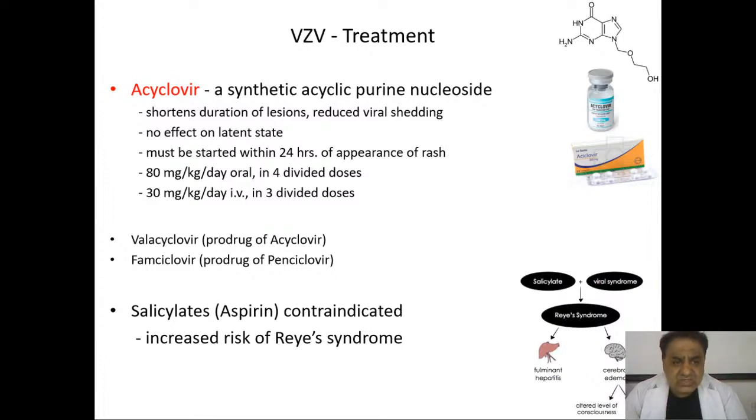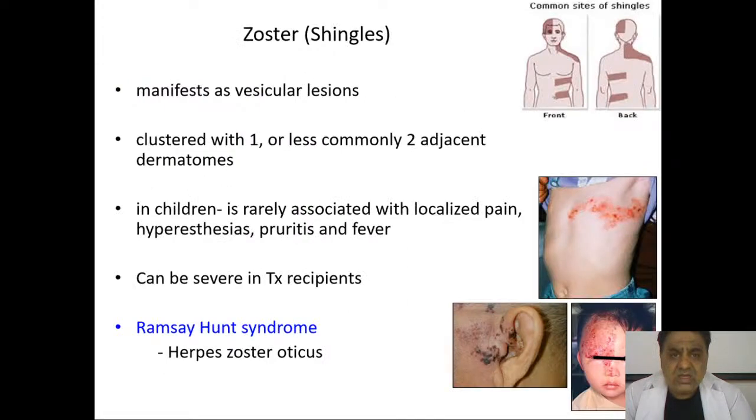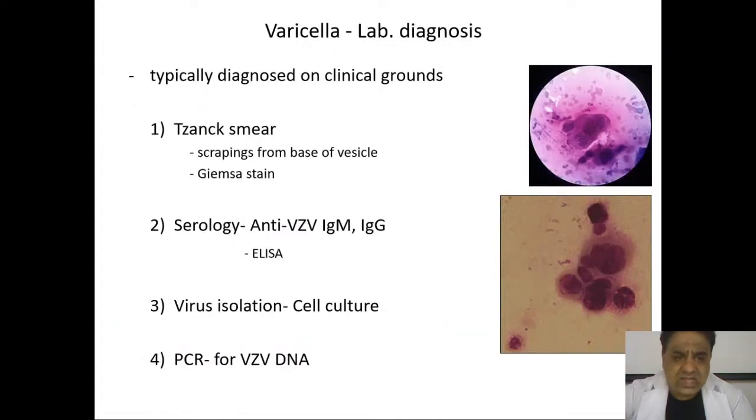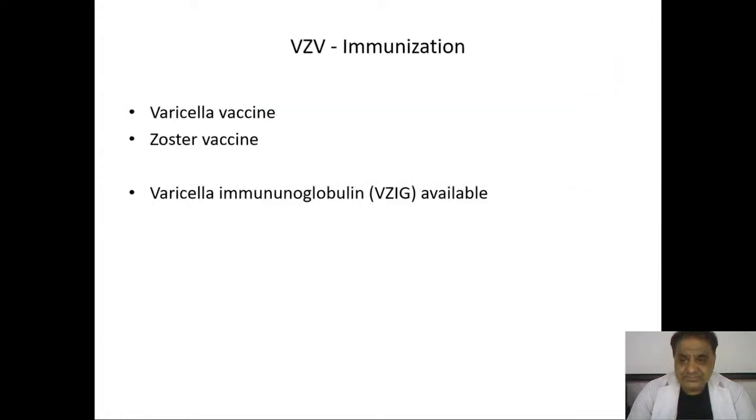Treatment is with acyclovir, and aspirin should not be used because of the risk of Reye syndrome. It's a clinical diagnosis, but you may require a Tzanck test or PCR in suspect situations. A simple Tzanck test is a very useful bedside test in these patients. Immunization with varicella or zoster should be considered prior to transplantation, depending on the situation.